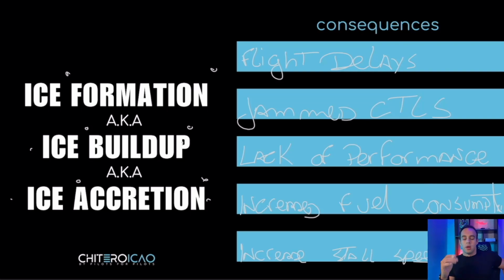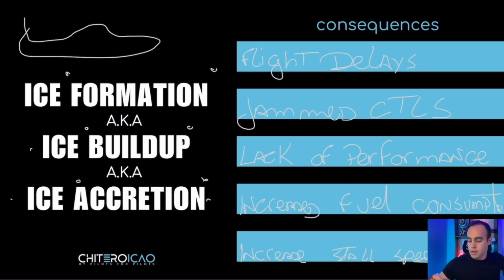Right? Why is that? We have the wing, we have the aircraft here. We are going to have ice on the wings. It's going to increase our weight. It's going to decrease our lift. It's going to increase our drag. It will increase the fuel consumption.